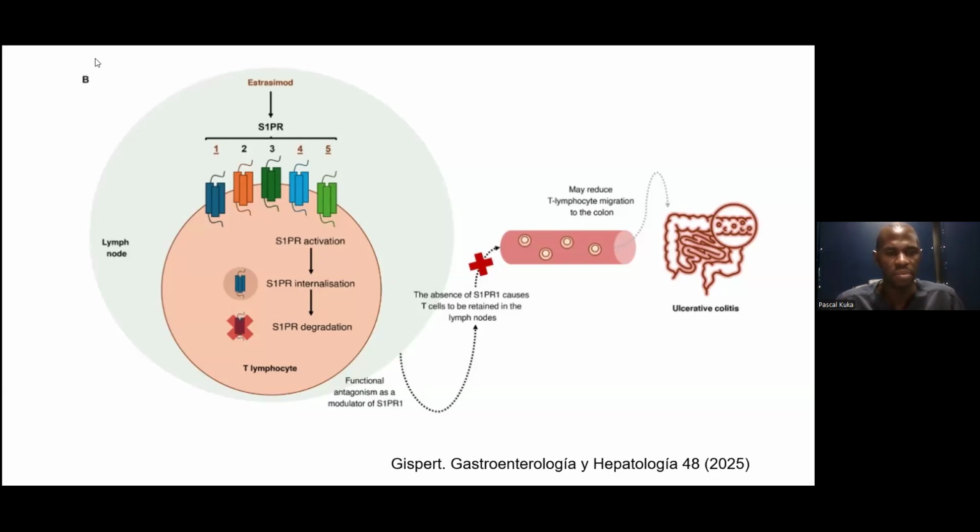There are different types of receptors, being 1 up to 5. One of the drugs shown up there is etrasimod, which inhibits sphingosine 1 and 4 and 5. Other than etrasimod and ozanimod, which are utilized in IBD, there are also other sphingosine 1 receptor drugs, one of them being fingolimod, which is utilized in multiple sclerosis. Fingolimod, amongst other receptors, also inhibits receptors 2 and 3.